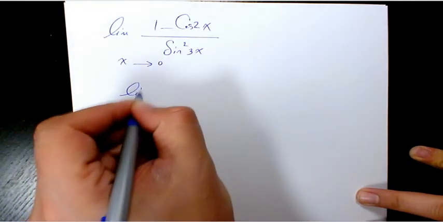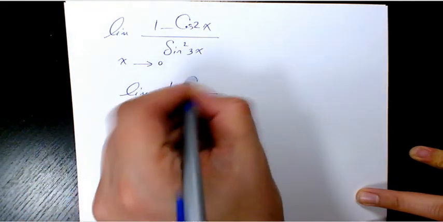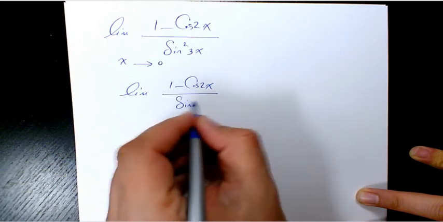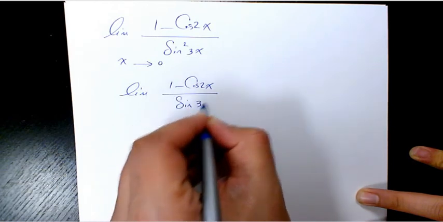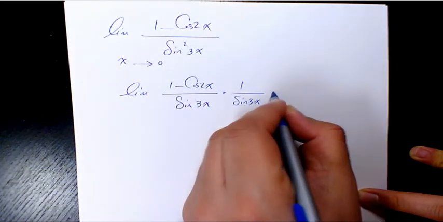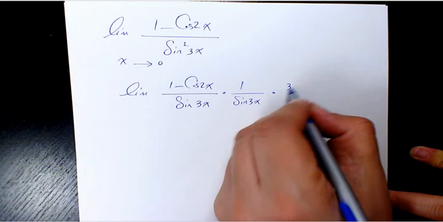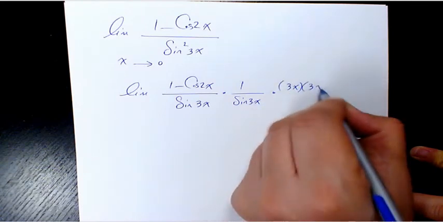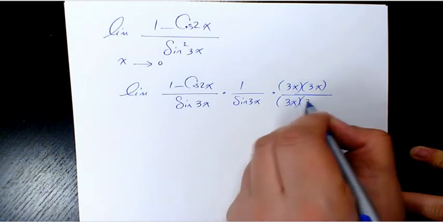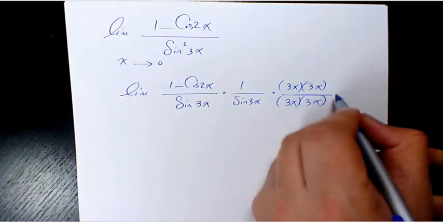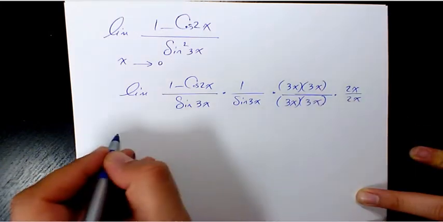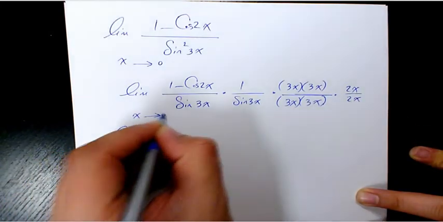The answer is going to be the limit of 1 minus cosine 2x over sine 3x times 1 over sine 3x times 3x over 3x, and then you can multiply by 2x over 2x when x is approaching 0.